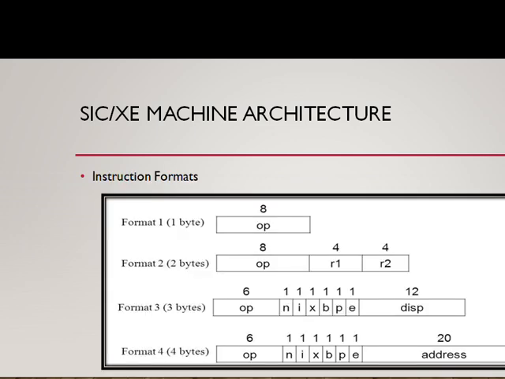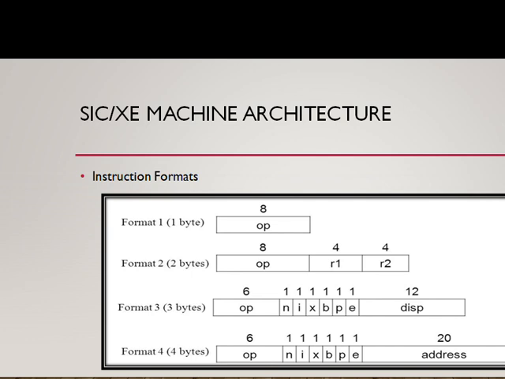Instruction format. In SIC we have only a single type of instruction format where we have seen opcode, register and address, where 8 bits opcode, 1 bit register and 15 bits of address.